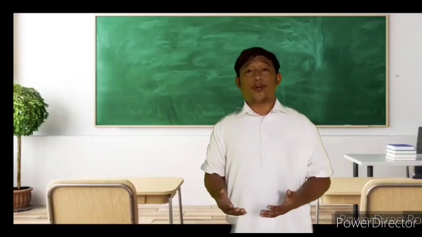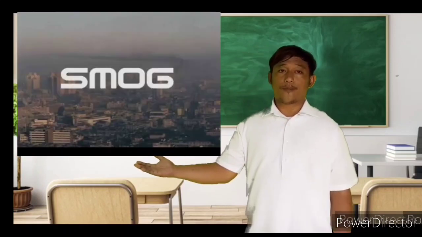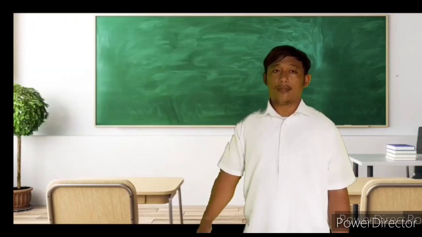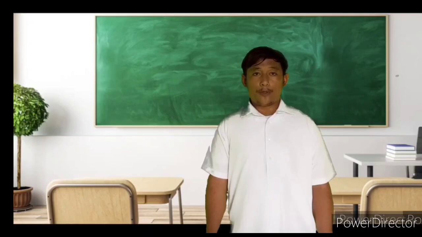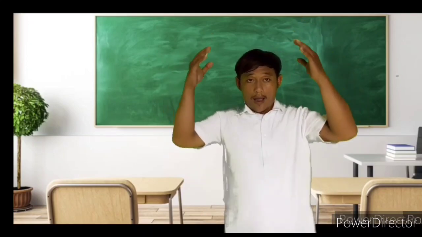A mixture of air pollutants and fog produces smog, which makes the air difficult to breathe. It is not healthy for plants and animals. Air pollutant combined with water will produce acid rain.